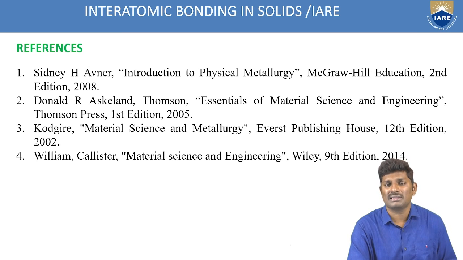So if you know all these things, it is very easy for us to select a material for the required application, where a high amount of energy is required, where a high amount of bonding is required, where the body has to withstand high temperatures. Because of all these characteristics, if you want any application, it is very easy for us to select the material. So for us to know all these things, we have to study the interatomic bonding between the atoms.